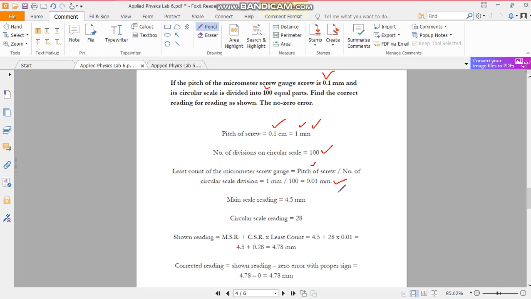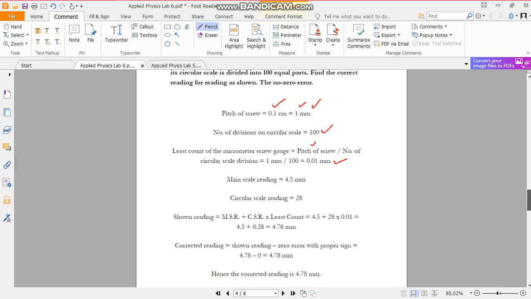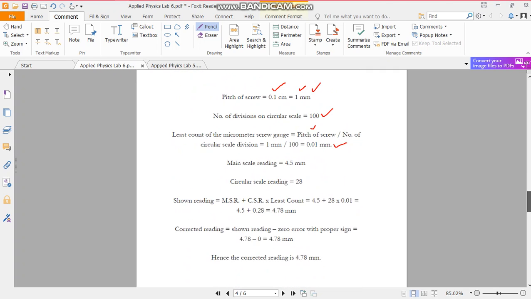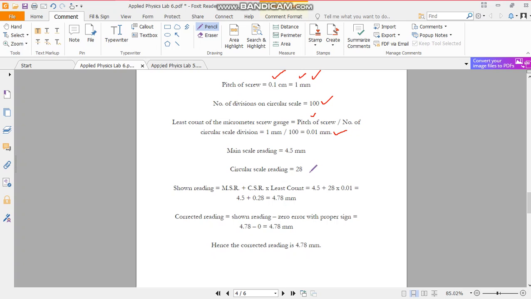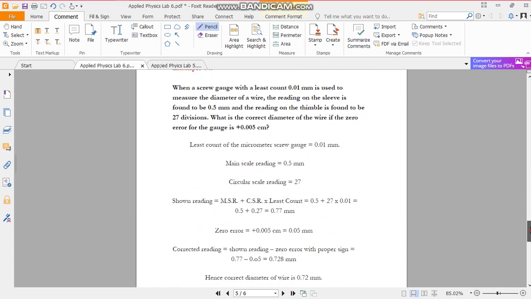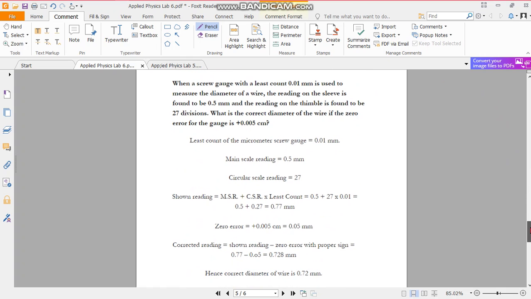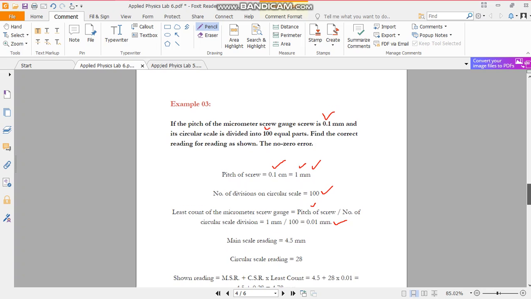Now the main scale reading, 4.5 mm. I think for this reading we need an actual screw gauge. So we can eliminate this example, since we need the screw gauge and can't do a practical experiment here.